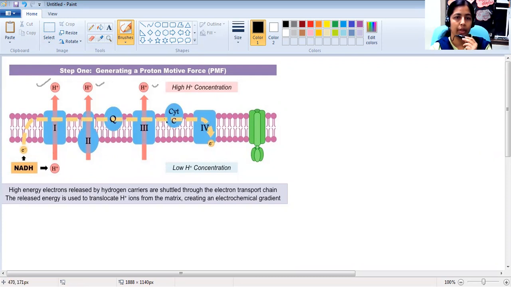The movement of electrons takes place from the high energy electrons released by the hydrogen carriers, and they shuffle through the electron transport chain. The release of this energy is used in the transportation of hydrogen ions from the matrix into the intermembrane space, creating the electrochemical gradient.